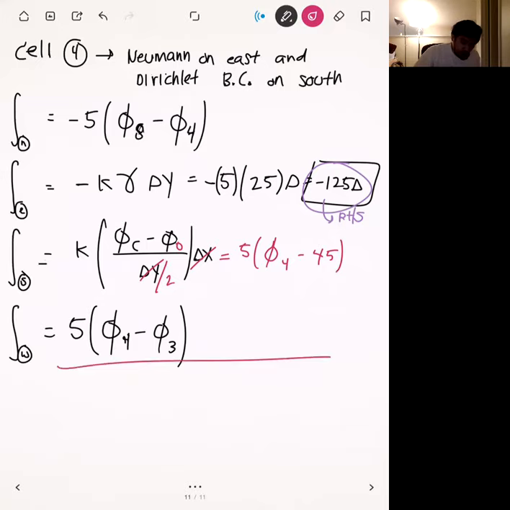All right, and so finally, let's go ahead and add all these together. Adding all these together, if you go minus 5 out in front, we get phi 8 plus phi 3 minus, this is 2, sorry, it's not 45, so this is 90.